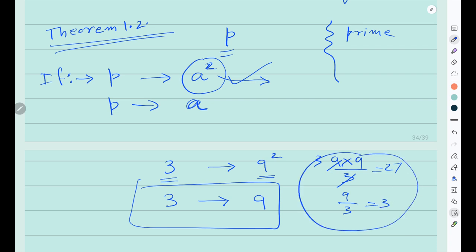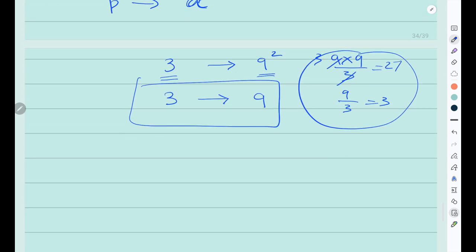Let us take some different example, where it does not happen. Let us take one more example, maybe 5, and let us take a number, maybe 25 squared. So if 5 divides 25 squared, then 5 will certainly divide 25 also.